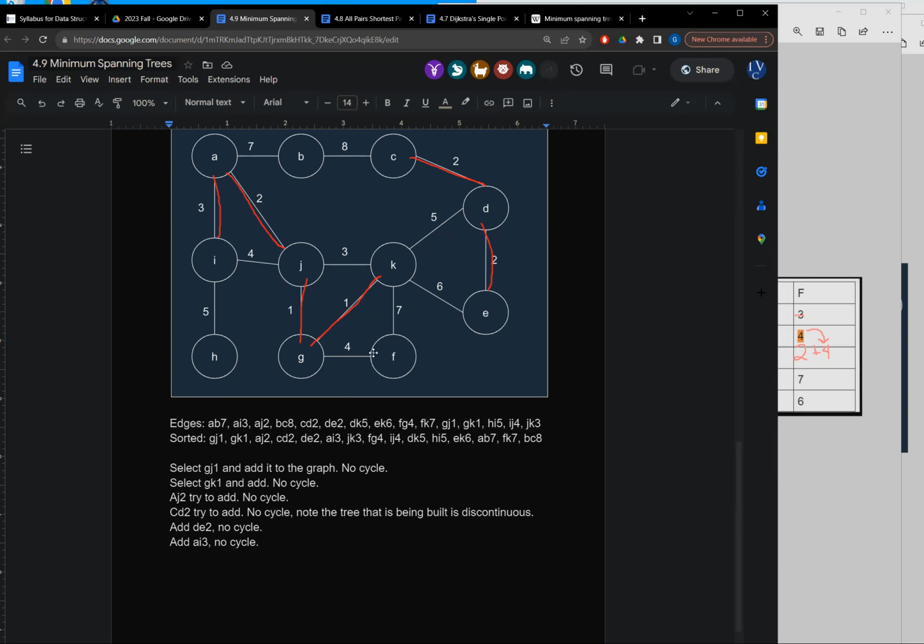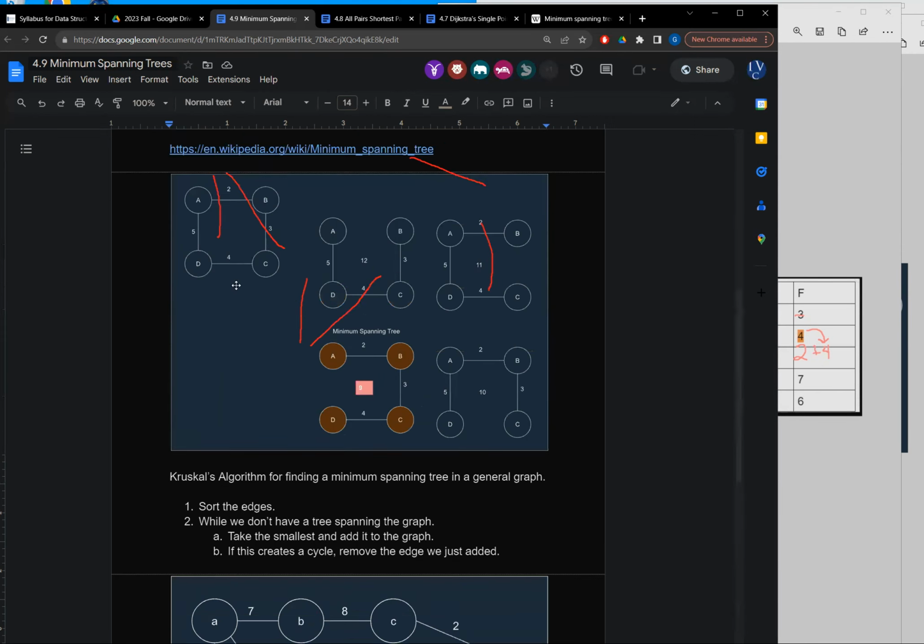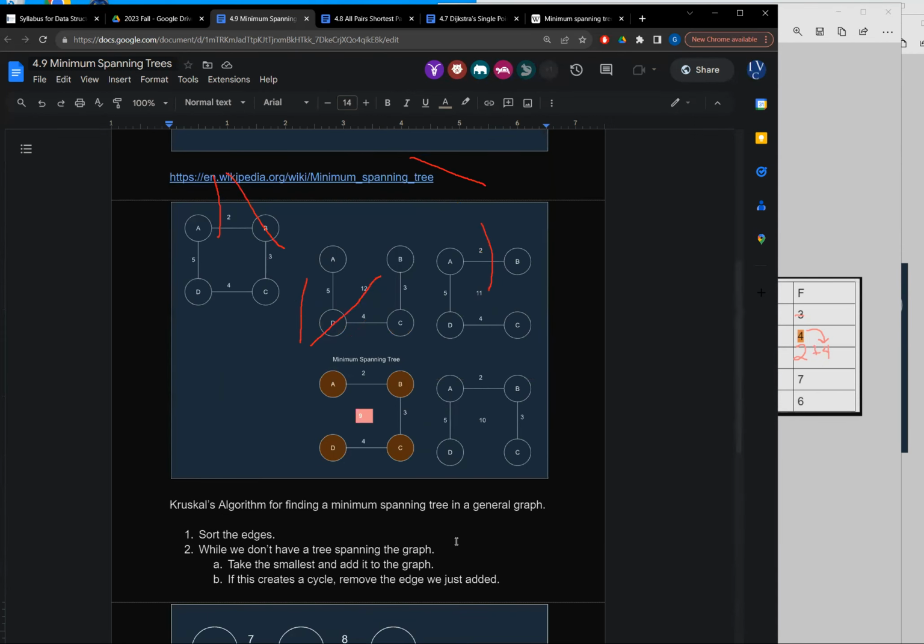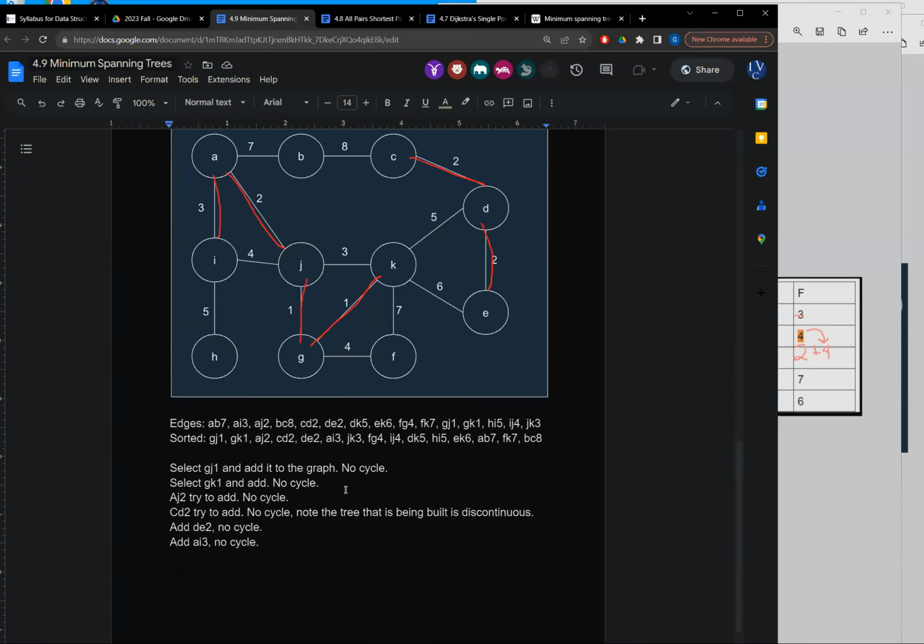So we only have, at this point, F not in the tree, B not in the tree, and H not in the tree. Once all the vertices are in the tree, we are going to stop, just like the algorithm states. Once we have a tree spanning the graph, we will stop adding edges because anything we do after that will be wasted effort.